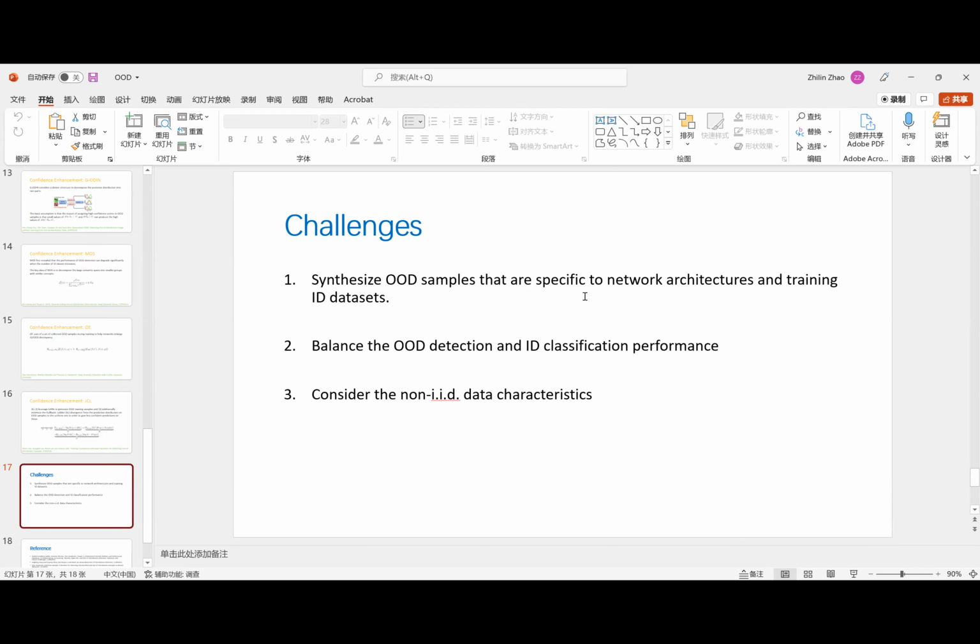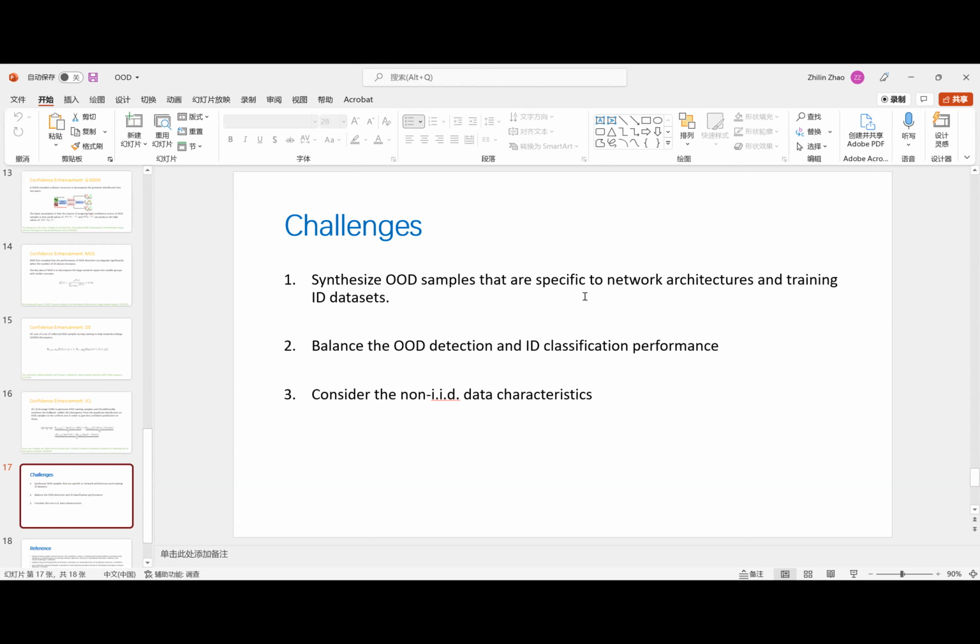You know that the in-distribution and the out-of-distribution samples are drawn from different distributions, so they are different. We should find the gap between the two kinds of sample and consider the non-IID characteristic to design the training procedure and the objective function to improve your OD sensitivities.